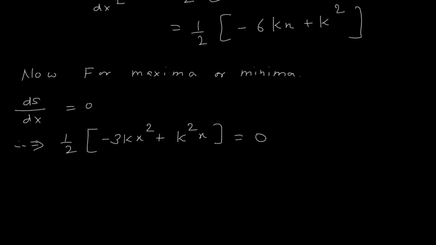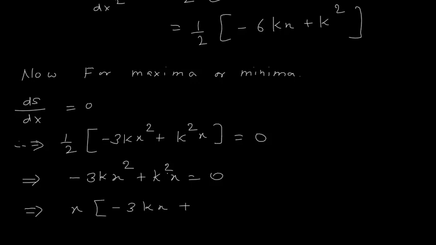This implies that minus 3kx square plus k square x should be equal to 0. We can take x common. So here we will get x into minus 3kx plus k square is equals to 0.